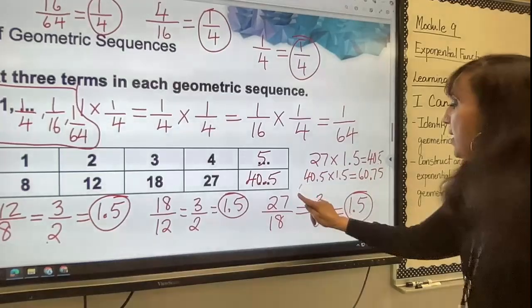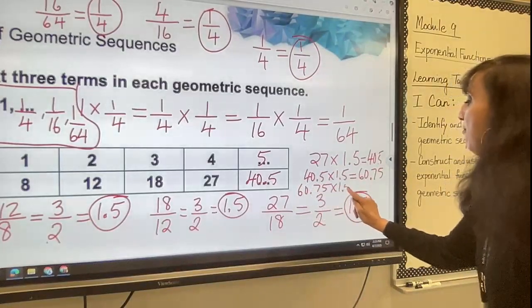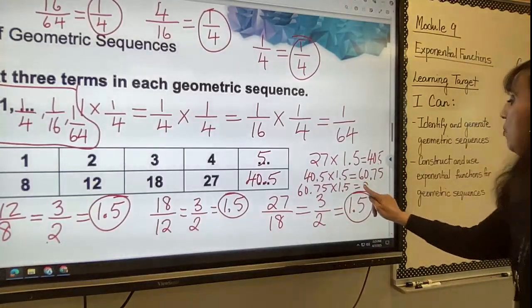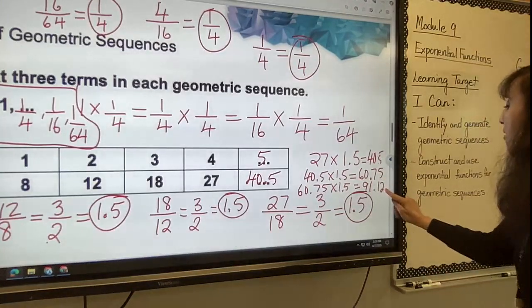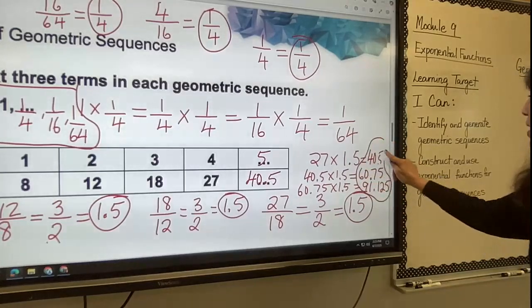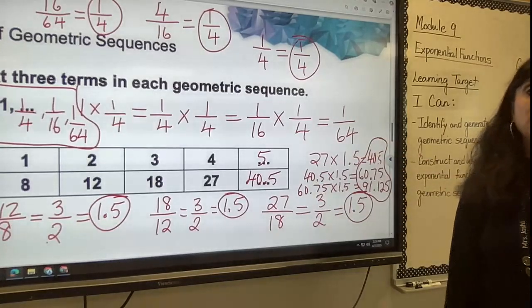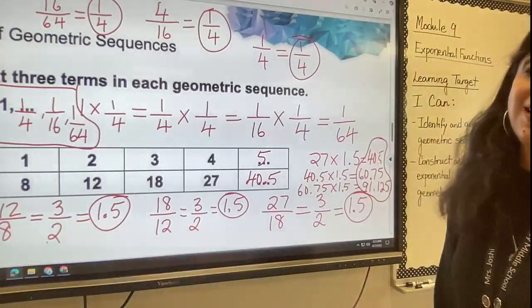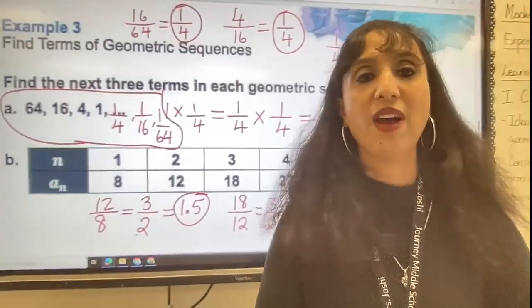And then I'm going to take 60 and 7500 times 1 and 5/10, and I am going to get 91 and 125 thousandths. So these are the next 3 numbers on this list of this geometric sequence. I have 40 and 5/10, 60 and 7500, and 91 and 125 thousandths.